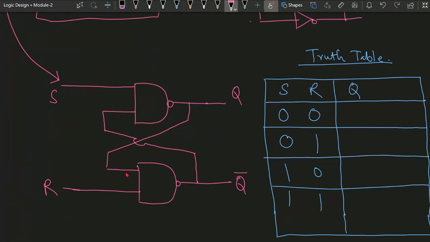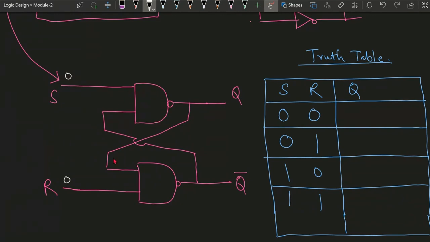So first, the input is S equals 0 and R equals 0. First of all, it is a memory device. It stores bits. It is one latch, so it will be storing one bit. You can see there are two inputs and no clock input, which means it is a latch, and it will be storing some data.